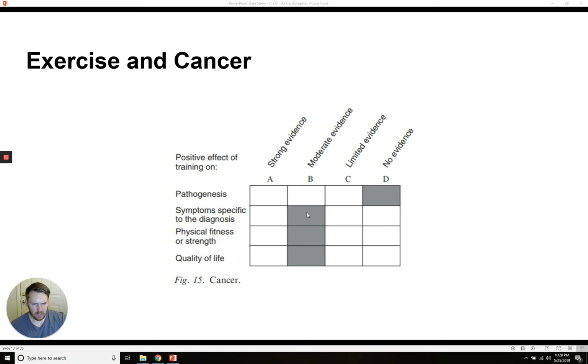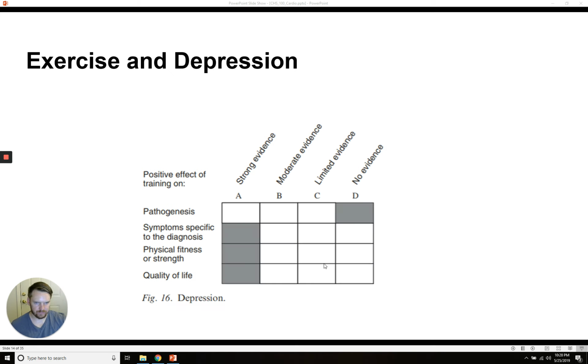However, as far as symptoms, improving fitness and strength and quality of life, there is moderate evidence that exercise can have these beneficial effects. Depression, again, not saying that it's going to prevent you from becoming depressed. So it has no evidence for the pathogenesis. However, strong evidence for treating the symptoms, improving quality of life, and improving fitness and strength.